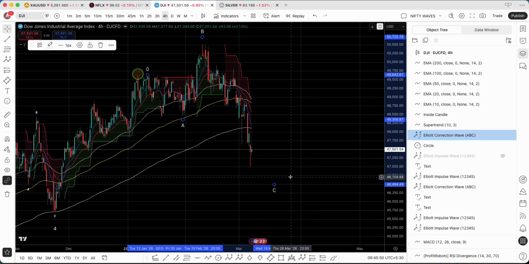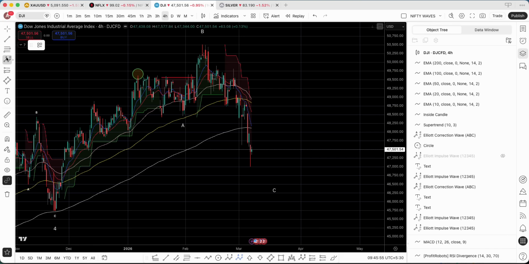There you go. So to go into the subwaves, as we say, each impulse has an impulse within it. So a big impulse like this, which would be labeled a 1, for example, will still have a 1, 2, 3, 4, 5. Similarly, each component of the A wave and the B wave has an ABC in it, and the C wave comes down in 5 waves.